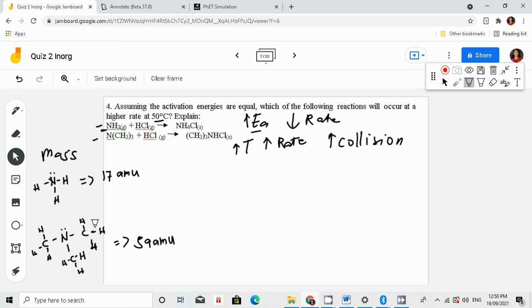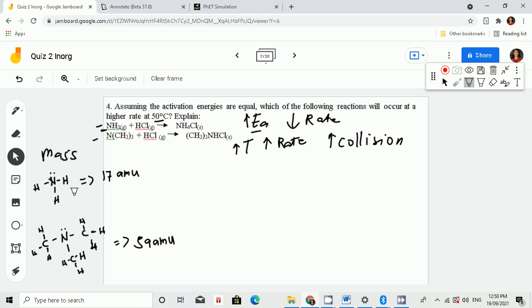Notice that in this problem we cannot rely on activation energy and temperature in determining who is faster, because they are the same. But the mass can affect the rate of the reaction. We know that lighter molecules move faster than heavier ones.